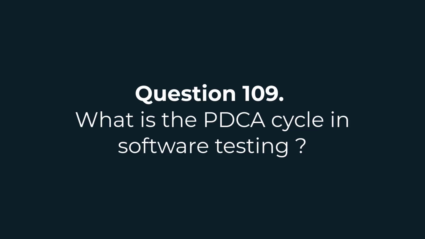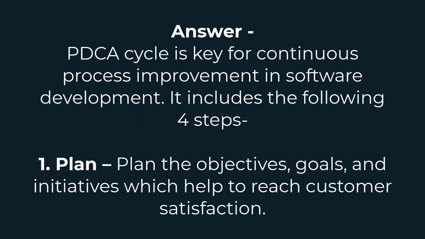Question 109. What is the PDCA cycle in software testing? Answer. PDCA cycle is key for continuous process improvement in software development. It includes the following 4 steps. 1. Plan. Plan the objectives, goals, and initiatives which help to reach customer satisfaction. 2. Do.